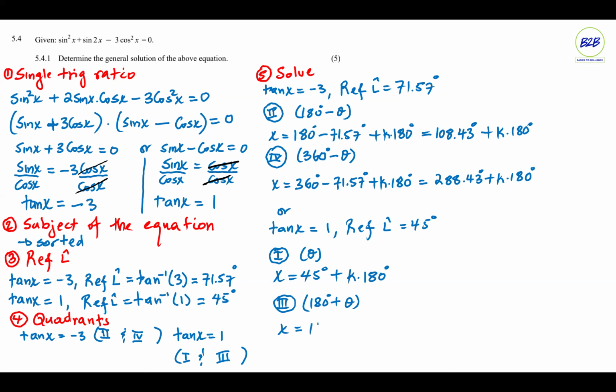And then we say 180 degrees. What is our theta? 45 degrees plus k times 180 degrees. And that, folks, is the end of this equation. All right. Lovely stuff. Lovely stuff.